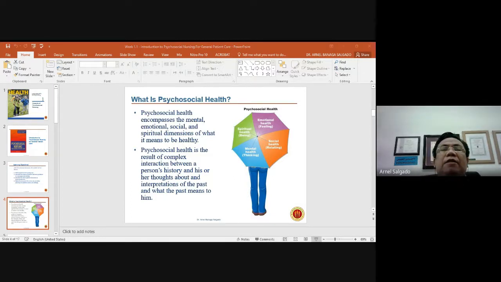All right, psychosocial health encompasses the mental, emotional, social, and spiritual dimension of what it means to be healthy. Most of the time, this is the most difficult thing to see because these are difficult to determine. Only the patient knows the impact of understanding and studying their behavior, which would actually impact also our nursing care.